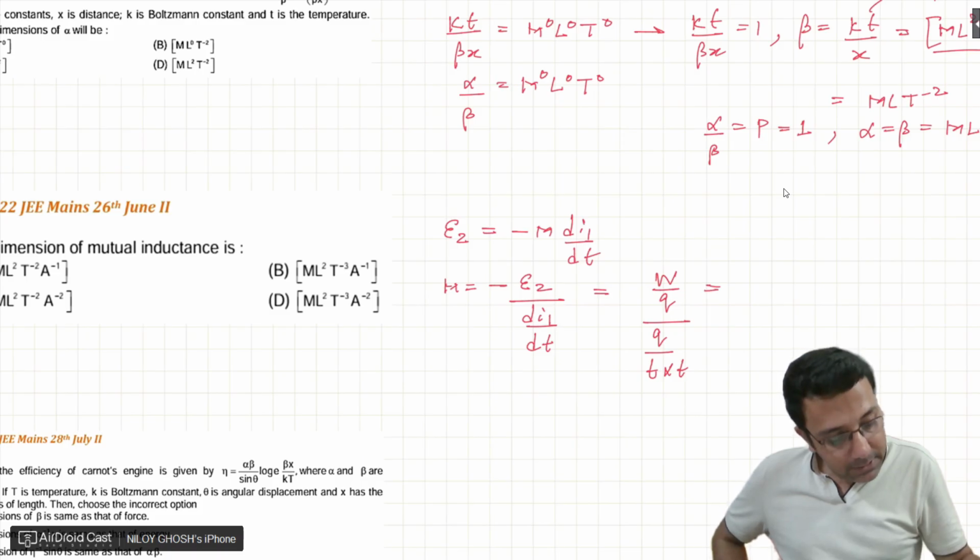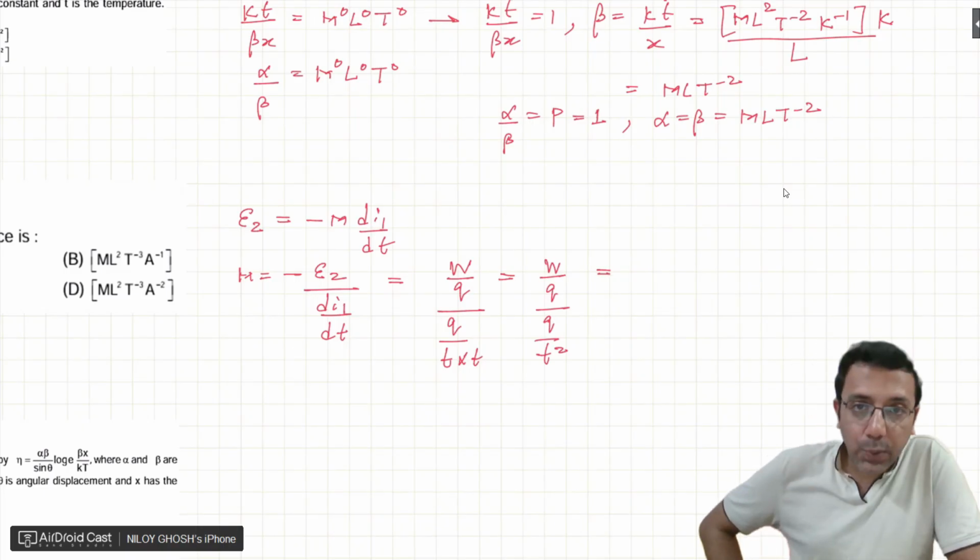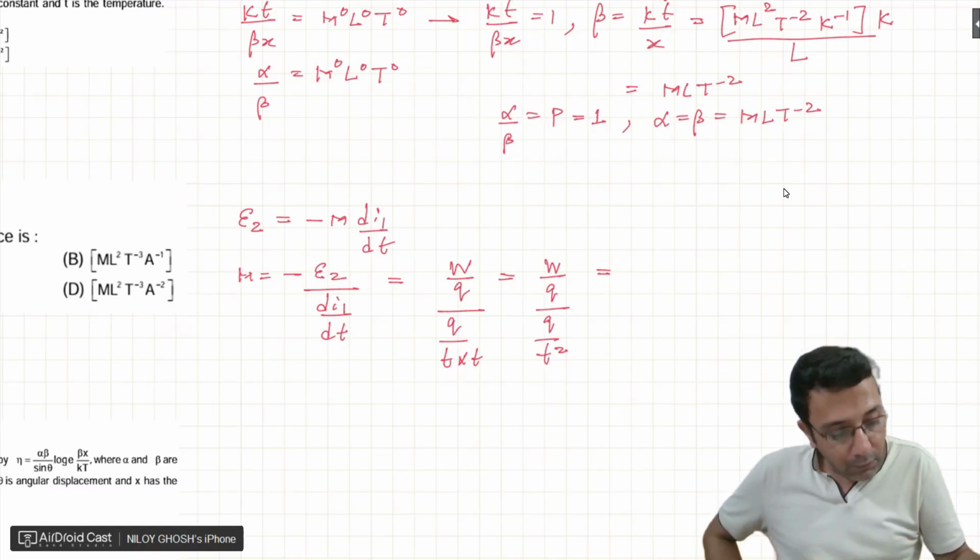So this becomes W by Q divided by Q by T squared. W is work done, so it is the unit of energy. Energy is Newton meter, so we know how to find that. The only thing is Q.